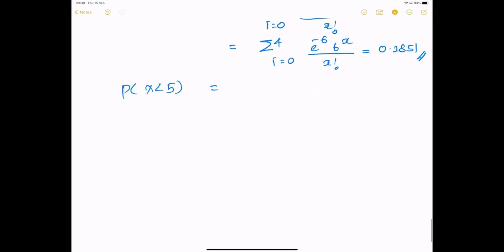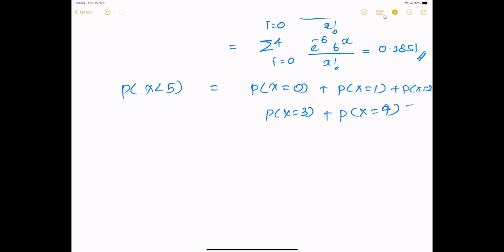What's the meaning of this? This is a discrete distribution, therefore we can take values from 0. So P(X equals 0) plus P(X equals 1), and so on, up to the probability of x equals 3, and the probability of x equals 4. You can simply substitute values into the equation and find the answer.